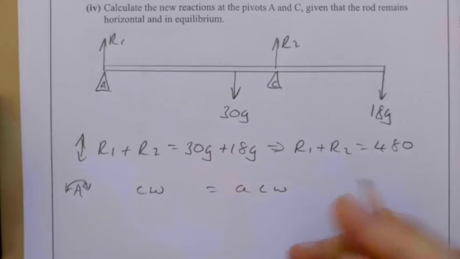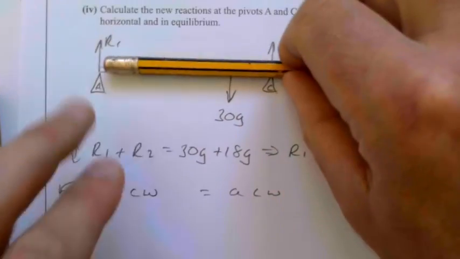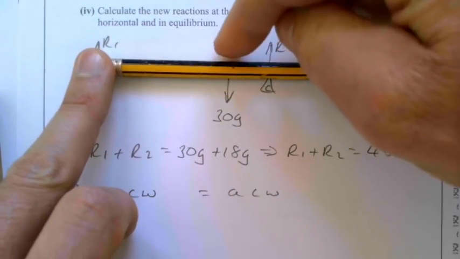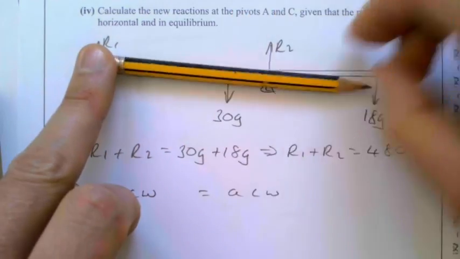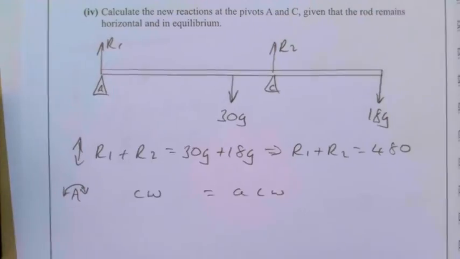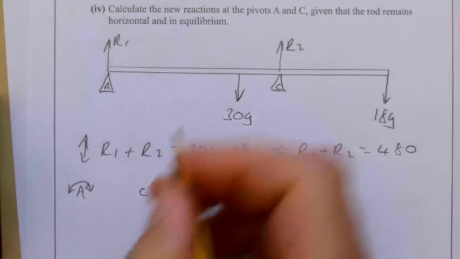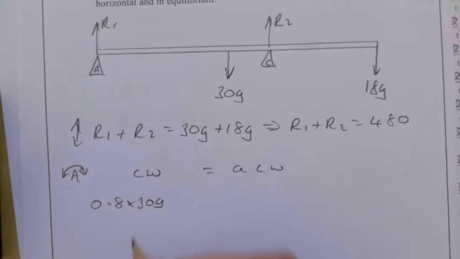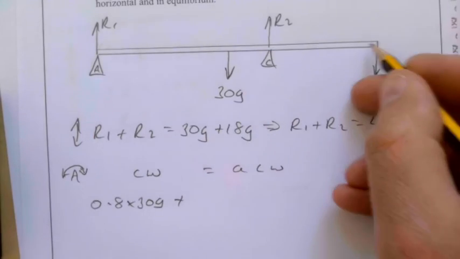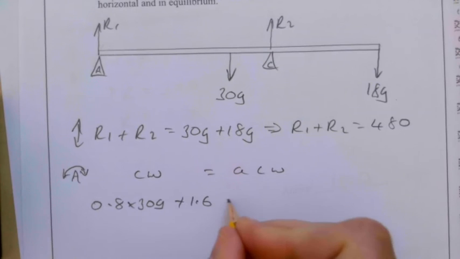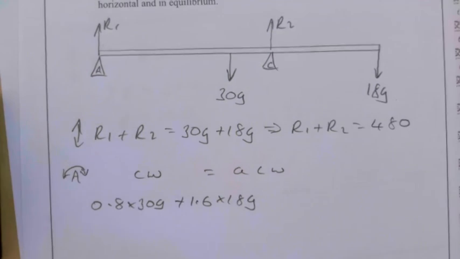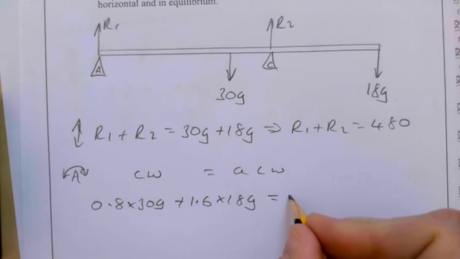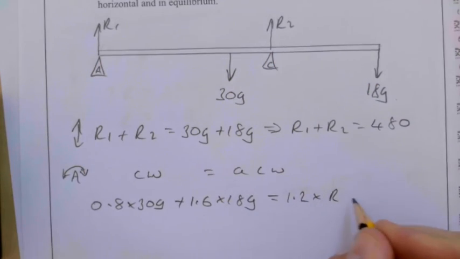Again, my distances. There's two of them going clockwise this time. The 30G turns it clockwise, and the 18G turns it clockwise. So it's that distance, which is 0.8 times 30G, plus 1.6 times 18G, equals, remember this is 1.2, times R2.